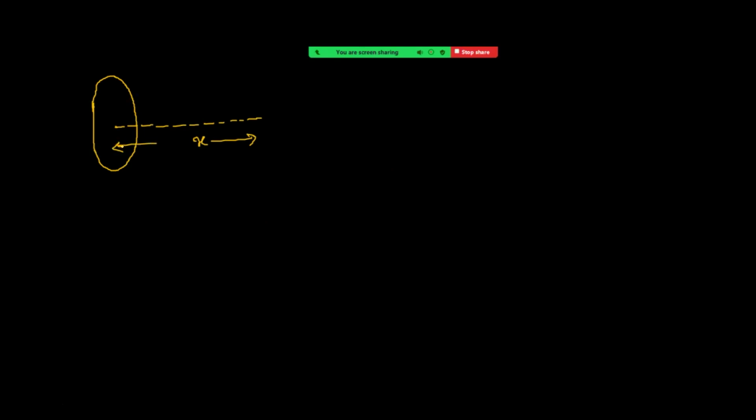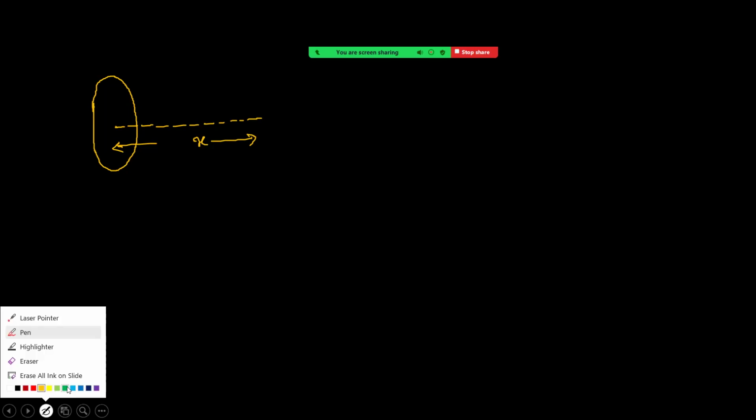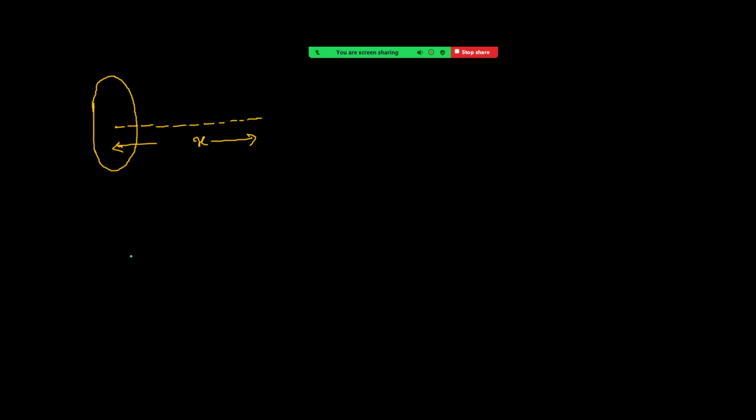Now see what we are doing here. Suppose the current is like this, current is I. Now I am taking one element, let us say at the topmost point, one element of length dl.